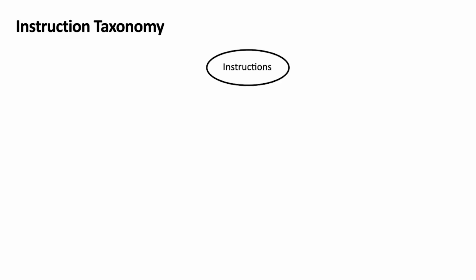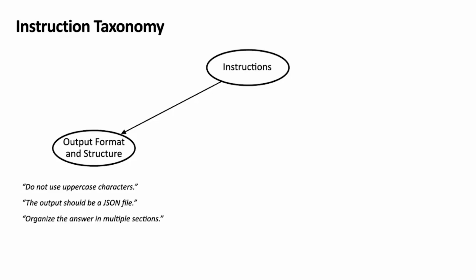And in particular, we consider three classes of instructions, or three classes of constraint. The first one is about the structure, so the format or the structure of the output, and this can be things like the JSON constraint that we saw earlier, or the output should be a bullet list, or organize the text in multiple sections, this type of constraints.